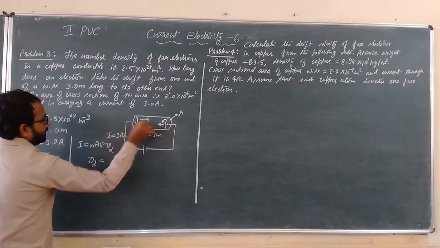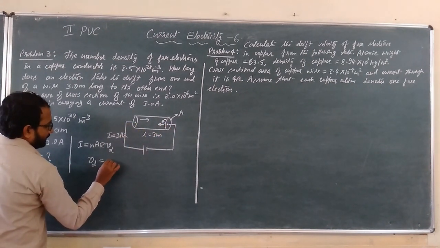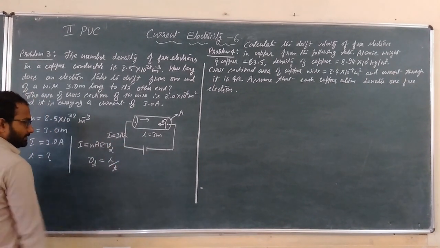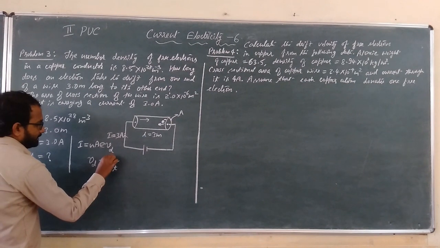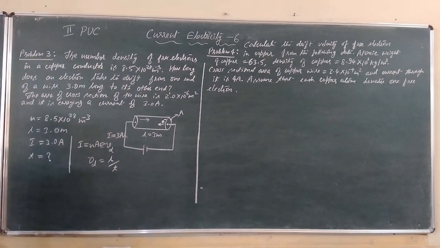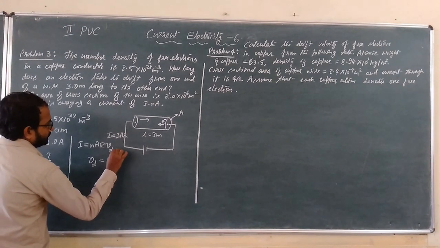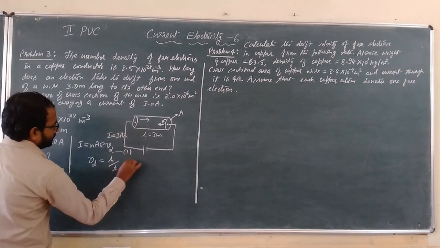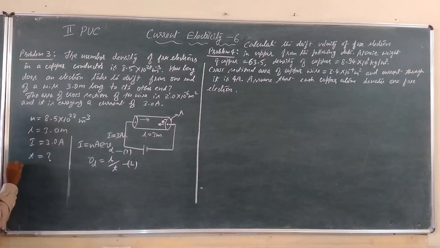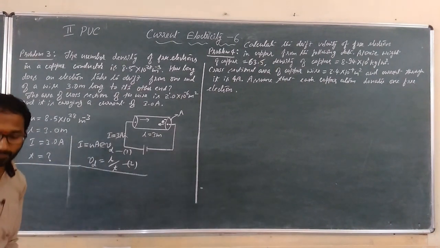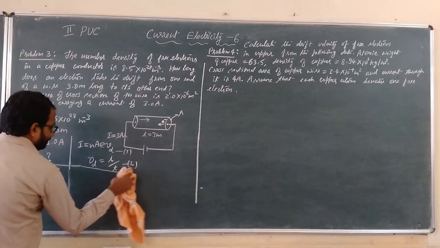Here the displacement from here to here is x or L, divided by the time taken t. t is asked, L is given. So how to solve now? If you substitute the values of I, n, A, e here, you can get the value of Vd. So this is equation 1, this is equation 2. Using these two equations, we have to solve the problem.